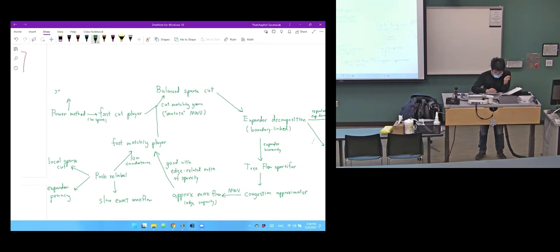Yeah, it's called the Fiedler cut. This is basically from the proof of the Cheeger inequality. So it's not a balanced sparse cut, but it's a sparse cut. So it's not strong enough to get everything here, but at least it's something that seems useful. So this is randomized.